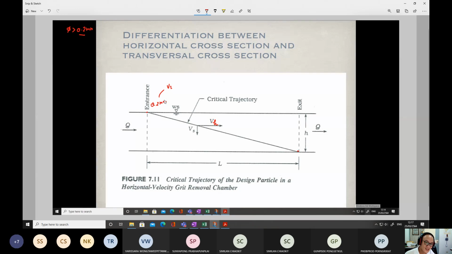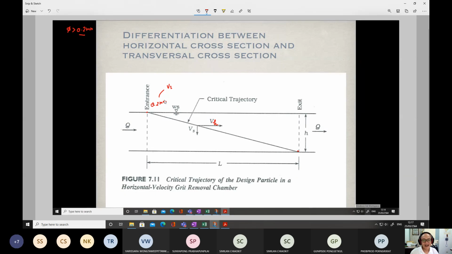And for the viscosities, you can have a look at the physical properties of water in any hydraulic engineering textbook or water and wastewater treatment textbook, even this one. If you look at the appendix, there are physical properties of water, so you can find the viscosities of water as a function of the temperature.